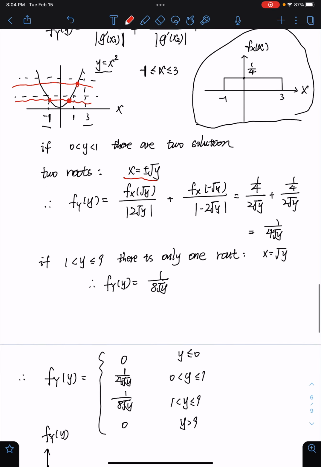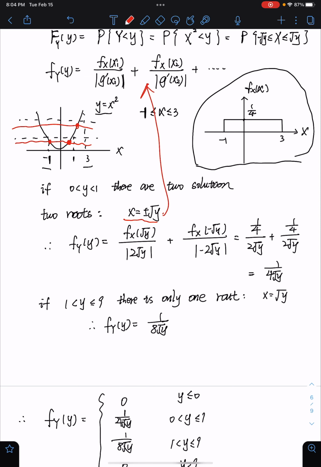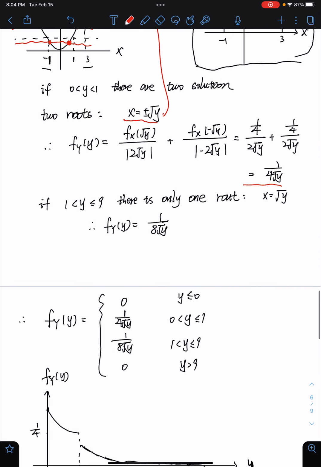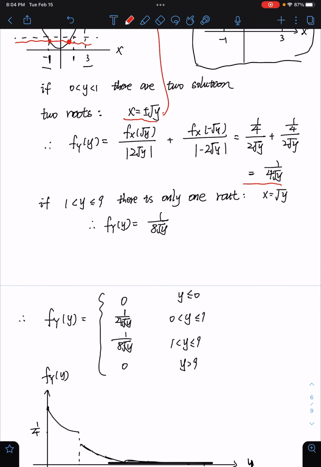So we apply these values in these functions and get this. We can get small f_Y equals 1 over 4 root y. And if y is smaller than 9 and larger than 1, there is only one root, which is x equals root y.